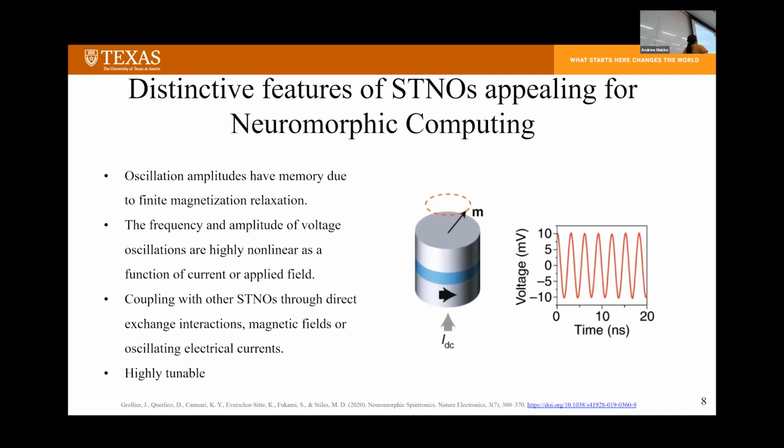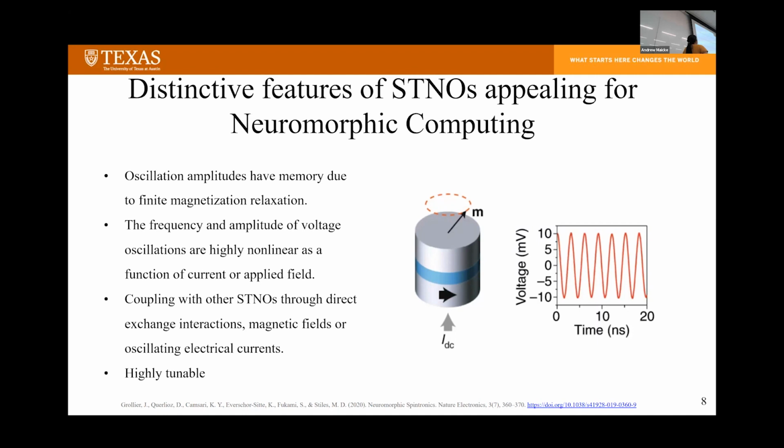The next key feature is the ability to couple with other STNOs. This is really important because we want to make sure that devices are able to synchronize with each other and emulate how neurons and collective neurons act in the brain, so that they're able to share and process information accurately and give those desired results or advantages that we want to see in a neuromorphic computing system.